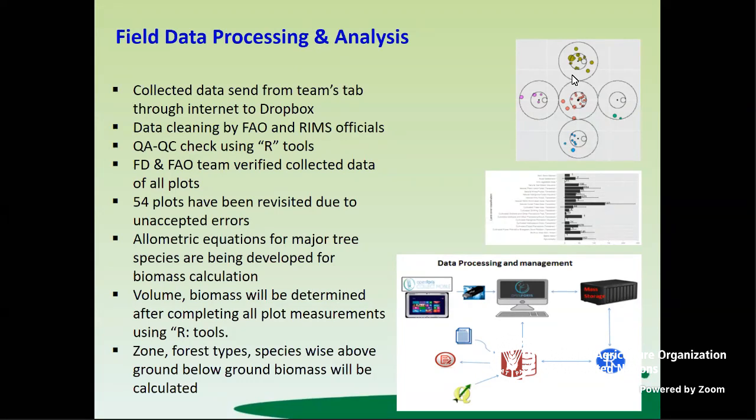Now, how did we process and analyze the field data? We collected the data through tabs, and they sent the data through Dropbox. At the office level, the data were downloaded from Dropbox, and RIMS officials of the Forest Department, with the technical support of FAO, analyzed the data using R tools.